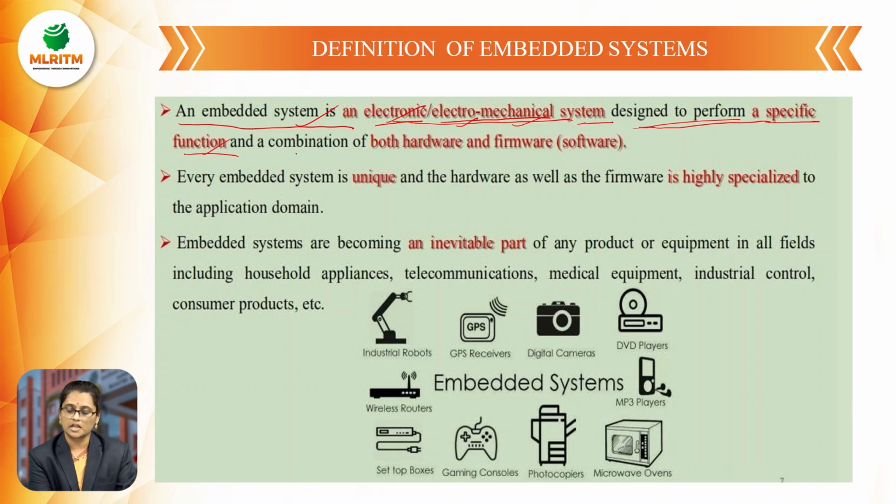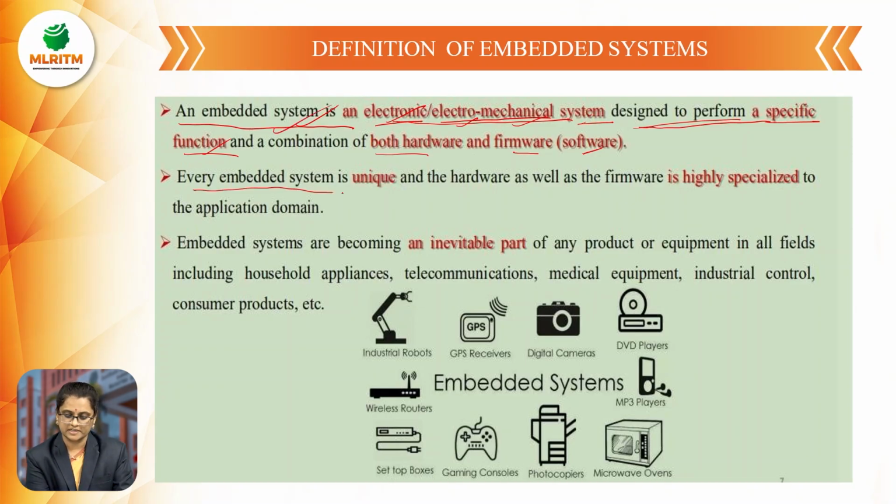It is a combination of both hardware and firmware, and firmware is nothing but software. So simply you can call an embedded system a combination of hardware and software, an electronic or electromechanical system designed to perform a particular task.